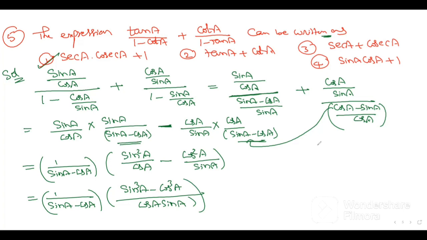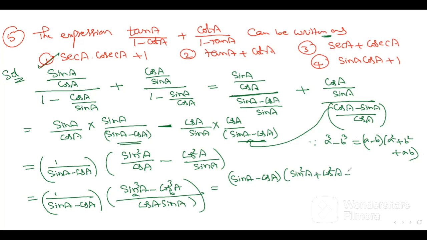Okay, we have A cube minus B cube, one formula is there. A cube minus B cube is equal to (A minus B) into (A square plus B square plus AB). Okay, now we should apply this formula where A placement sin A, B placement cos A. A minus B, (sin A minus cos A) into A square, sin square A plus cos square A plus sin A cos A. This whole divided by denominator, what values are there?